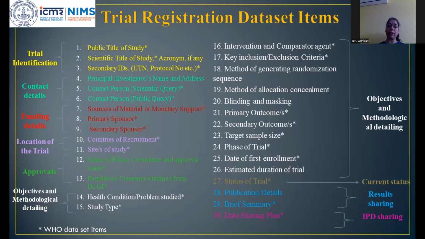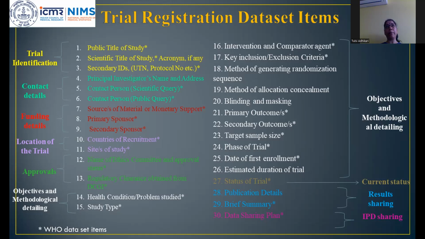On 27 you can see the status of the trial. So when you are entering all these details, before you get the CTRI number, the status of the trial should be not yet recruiting. You should not be recruiting individuals or participants into your study unless and until you get the CTRI number.